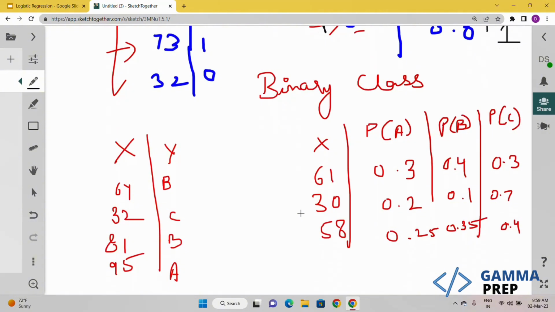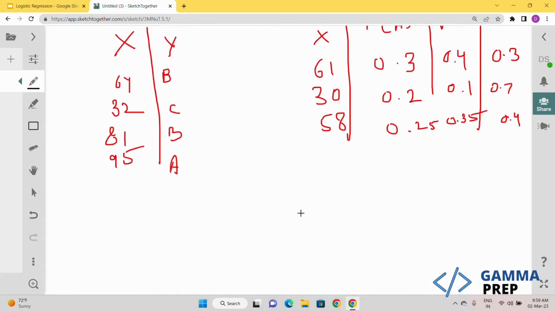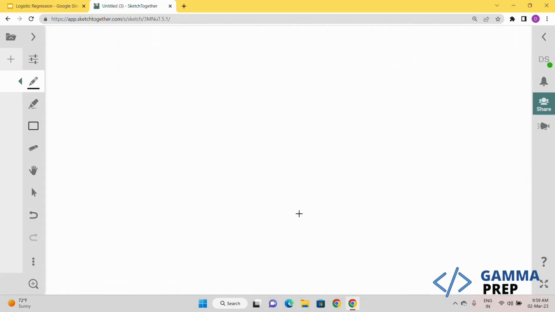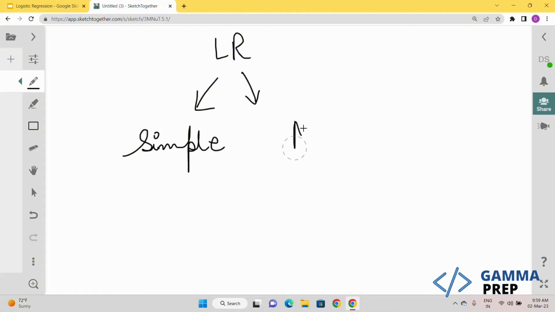Yes. So now let's move ahead and see the different types of logistic regression that are available. The first one is simple logistic regression, and the second one is multiple logistic regression.